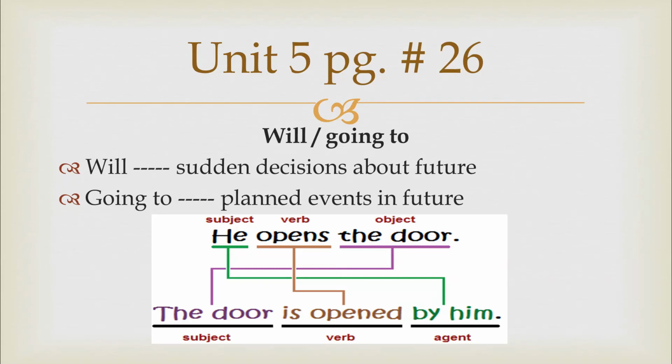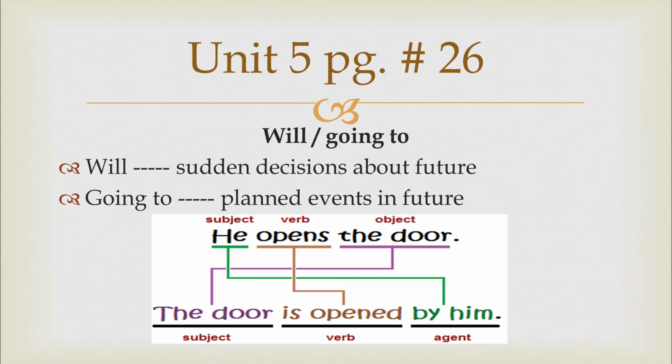To make passive of simple present tense, we change the verb opens into is opened. We use the auxiliary verb is or are, and we use the past participle form of the verb. That is exercise number 2 at page number 27. We are given some sentences and we have to change them into simple passive voice.